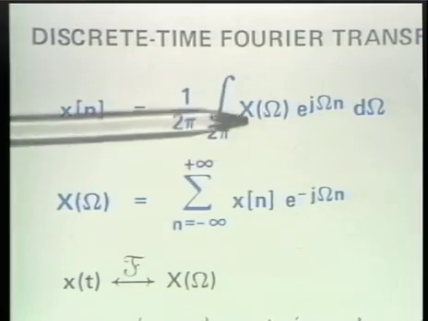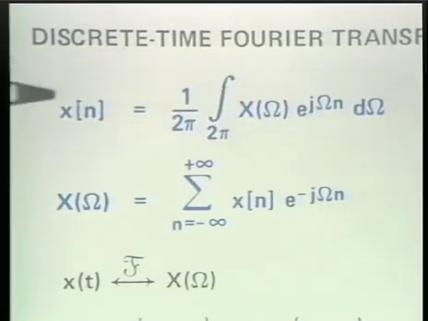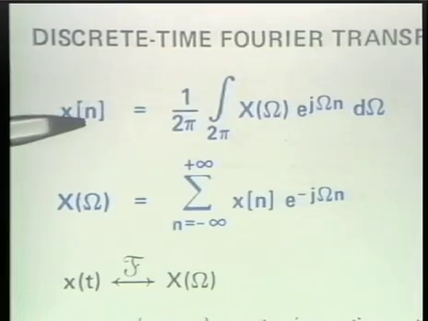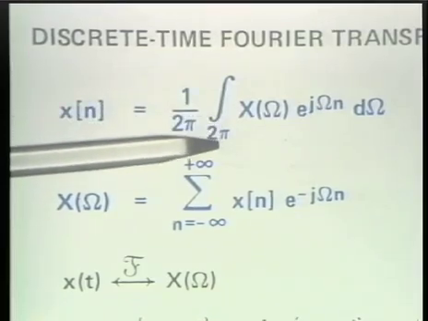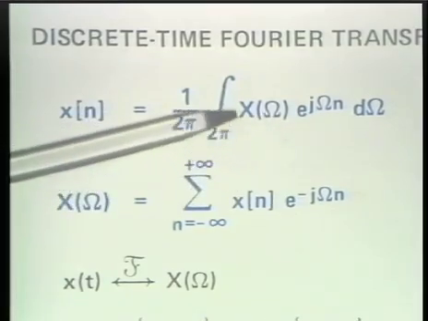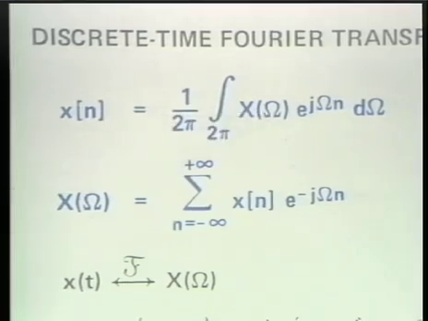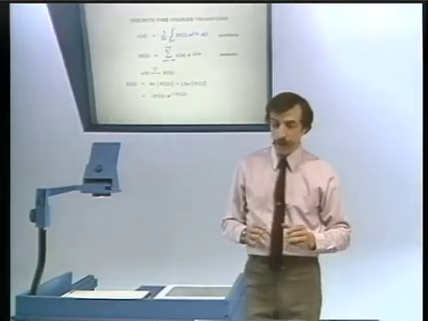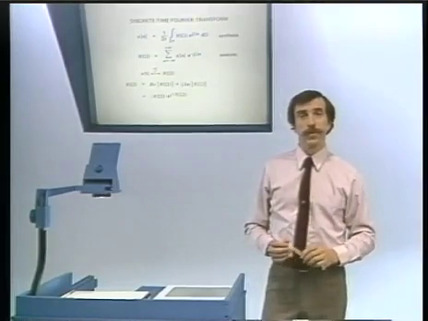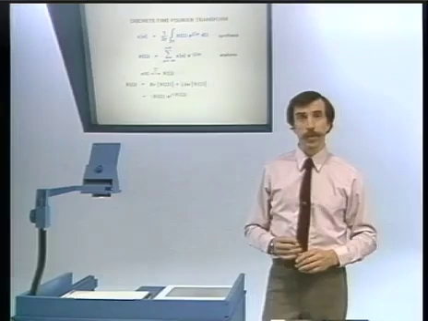And I draw your attention again to the basic point that the synthesis equation essentially corresponds to decomposing the sequence as a linear combination of complex exponentials with amplitudes that are in effect proportional to the Fourier transform. Now, the discrete-time Fourier transform, just as the continuous-time Fourier transform, has a number of important and useful properties.